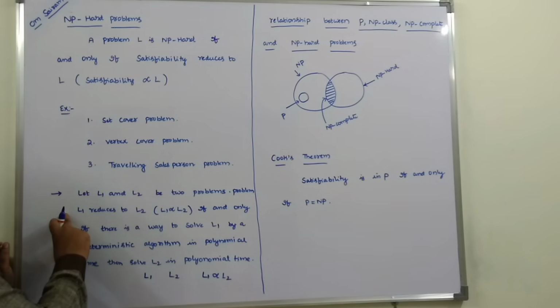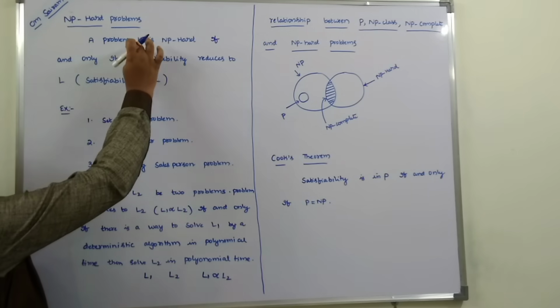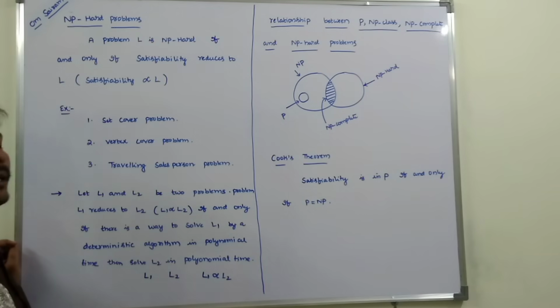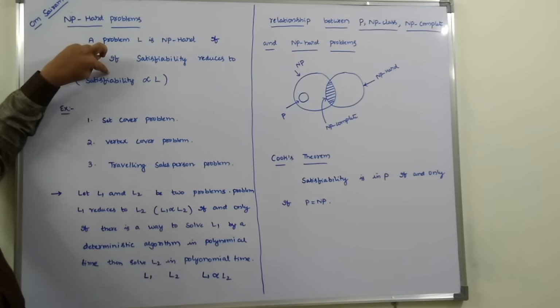Considering this statement, a problem L1 is NP-hard if and only if there is another problem L2 that can be solved in polynomial time by a deterministic algorithm.